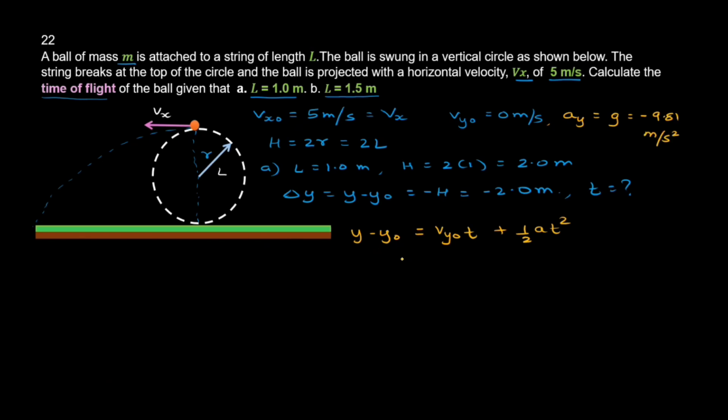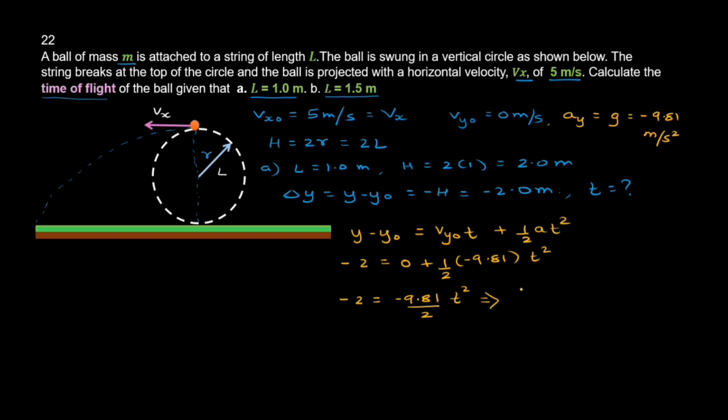So let's substitute. Y minus y0 we will take as negative h, which is negative 2, equals Vy0 is 0 here. So anything multiplied with 0 will give me the entire term as 0, plus half a is negative 9.81 t squared. Solving further, we get negative 2 to be equal to negative 9.81 over 2 times t squared.